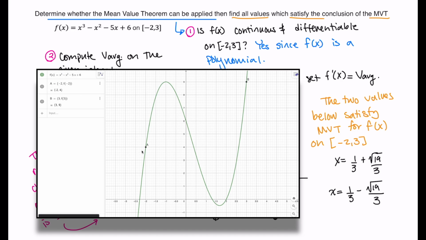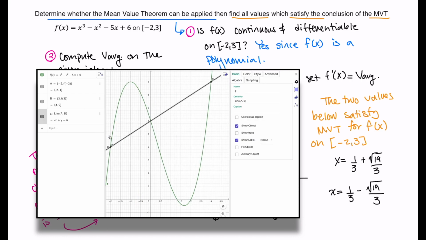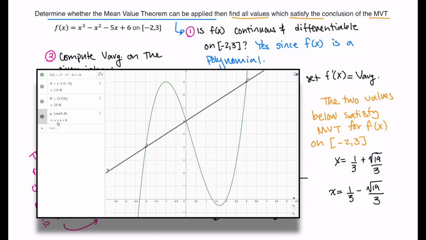So when I say the average rate of change, that's another way of saying the slope of this secant line here. And what is the slope of this line? It's 1. And to see that without actually doing any mental math, you can go to settings, algebra, and change to y equals mx plus b form. And there you go. The slope of this secant line between this point here at -2, 4 and this point at 3, 9 is 1.